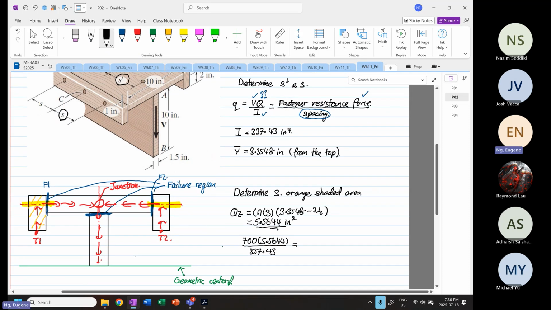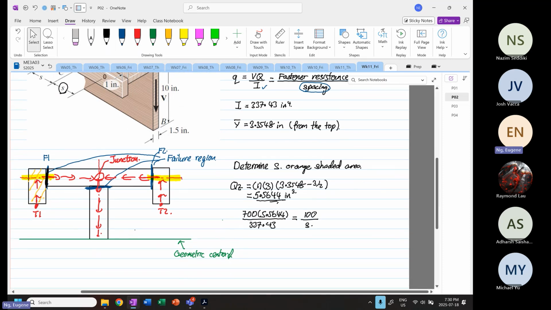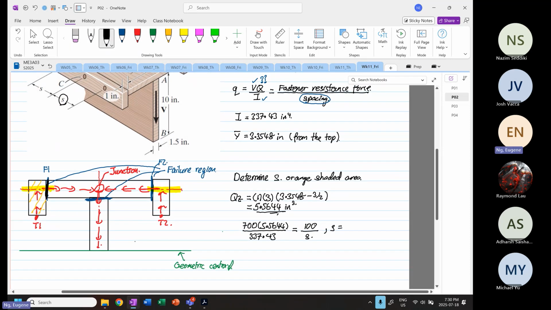Now it's single shear, because there's only one failure point for the fastener. And then we divide by S. So from here, S will be equal to 100 times 337.43 divided by 700 divided by 5.5644. So it's equal to 8.663, and this is in inches.